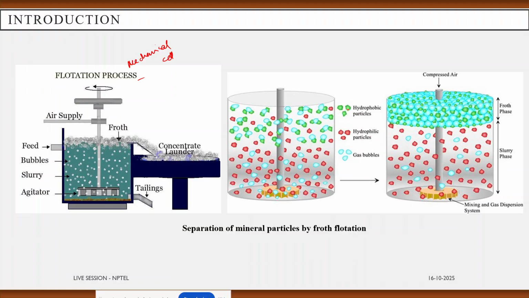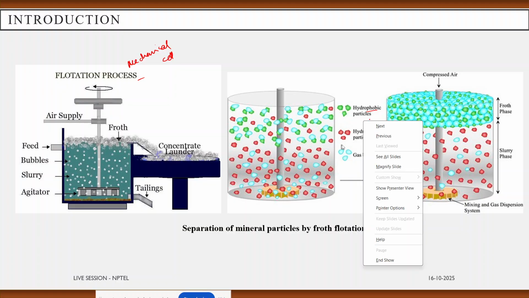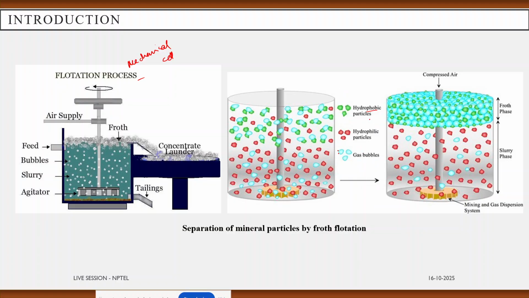These green particles are hydrophobic in nature. So these green particles will be attached to the gas bubbles, which are sky blue in color, and those attached to the gas bubbles will come to the top, and at some point they will make a layer of hydrophobic particles with the gas bubbles, and this layer is nothing but the froth.